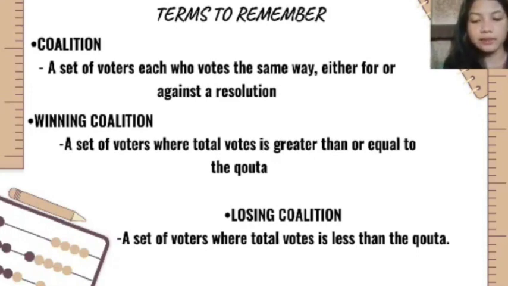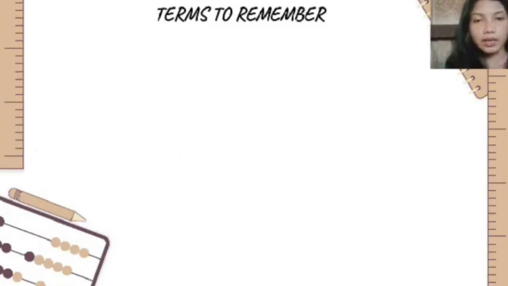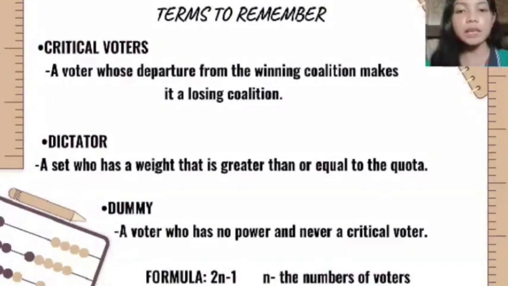Losing coalition, a set of voters where total vote is less than the quota. Critical voter, a voter whose departure from the winning coalition makes it a losing coalition. Dictator, a voter who has a weight that is greater than or equal to the quota. And last, dummy, a voter who has no power and is never a critical voter.